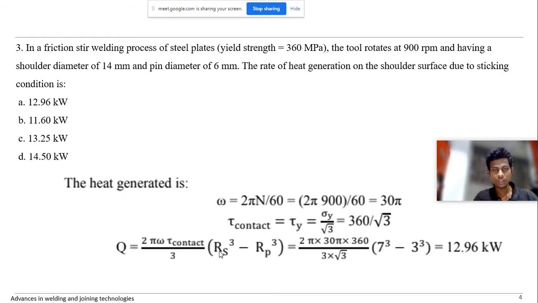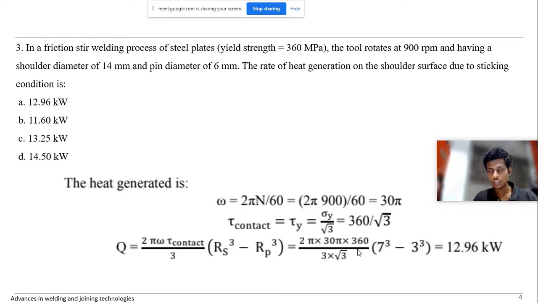Because of that, the radius of the shoulder and the radius of the pin should be used. The diameter is given, so we need to reduce it into radius by dividing by 2: 7 mm and 3 mm, so 7 cube minus 3 cube as per the formula.